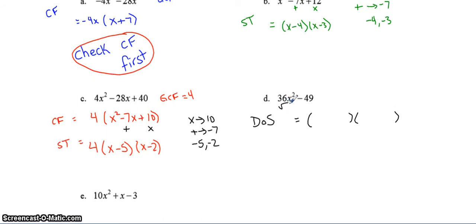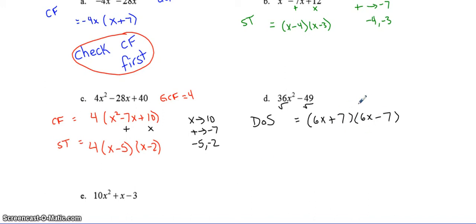Take the square root of the first term. That gives you 6x. You put it at the beginning of each bracket. Square root the last term. That would be 7. You put that at the end of each bracket. And then there's a plus sign in between the first bracket and a minus sign in between the second bracket.